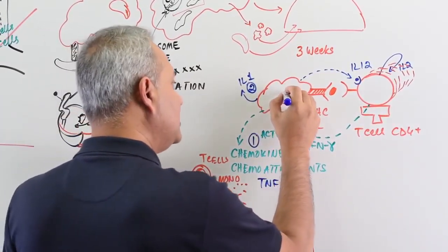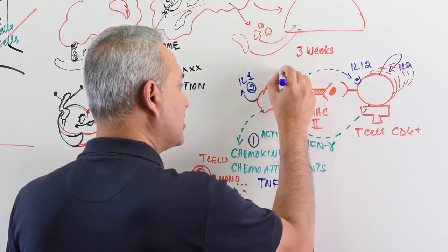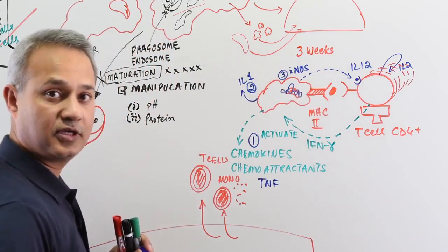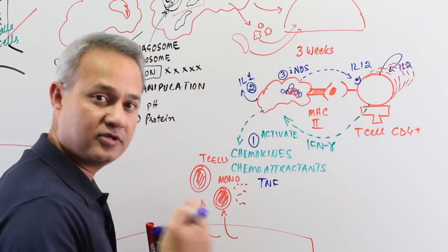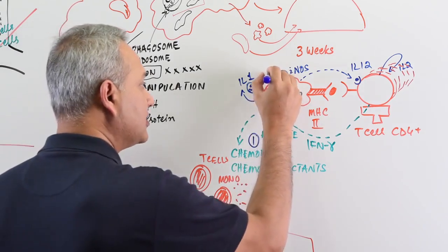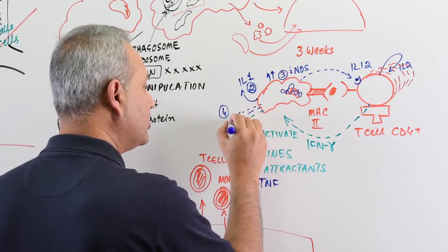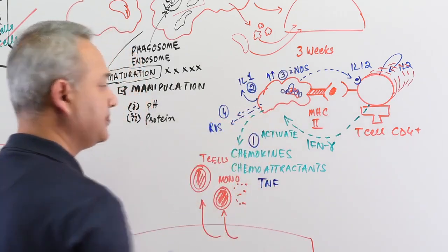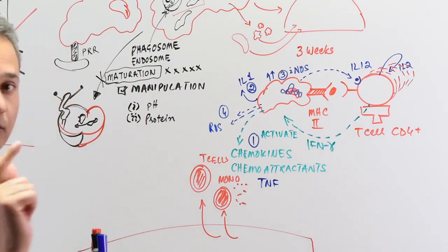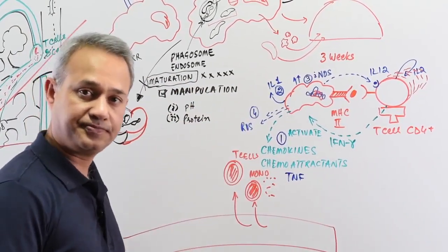Third, the genes in the macrophage will open up to release nitric oxide. That is part of destroying the pathogen. So nitric oxide will be released. Then fourth, there will be release of reactive oxygen species, ROS. All of that once again will try to contain the pathogen and to destroy it.